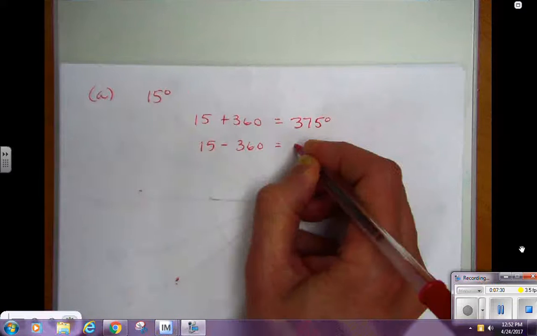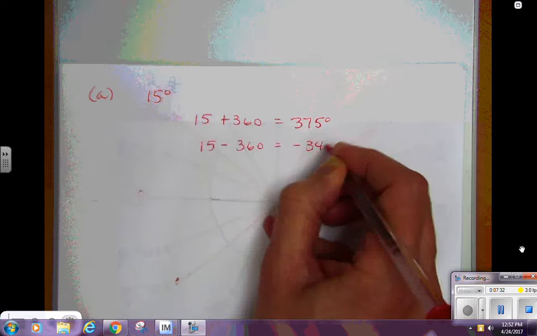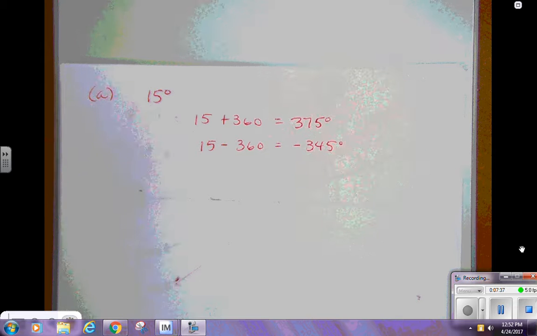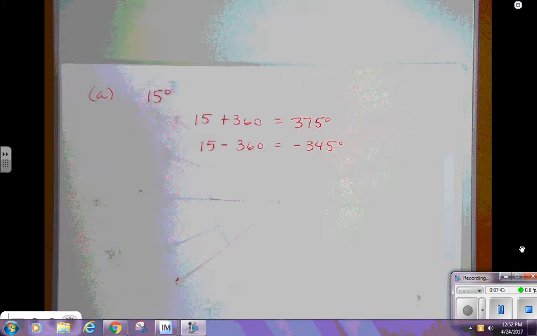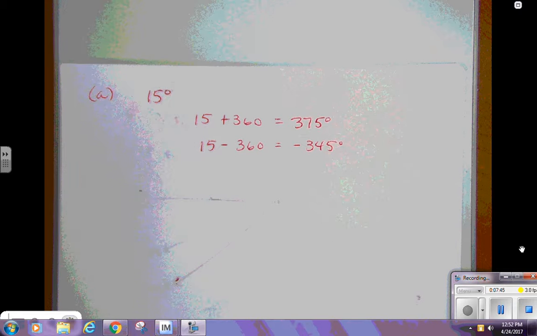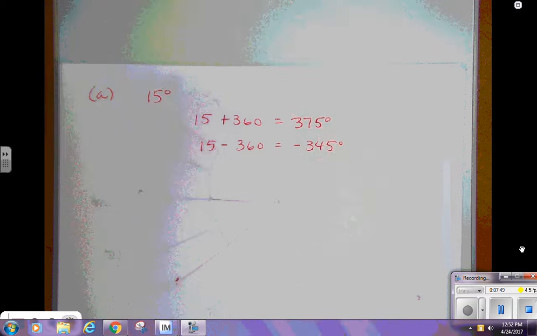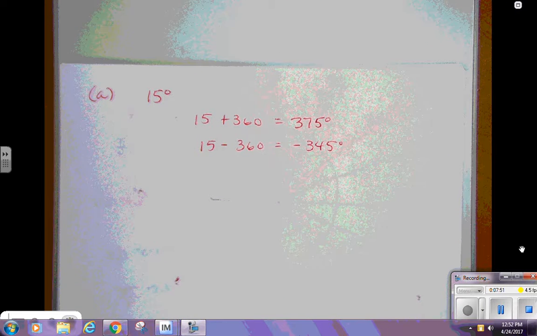And that would give me negative 345 degrees. So those two angles share the same terminal side as a 15-degree angle. So you guys go ahead and do B. Find a positive measure and a negative measure that are coterminal. And I'll do it up here.